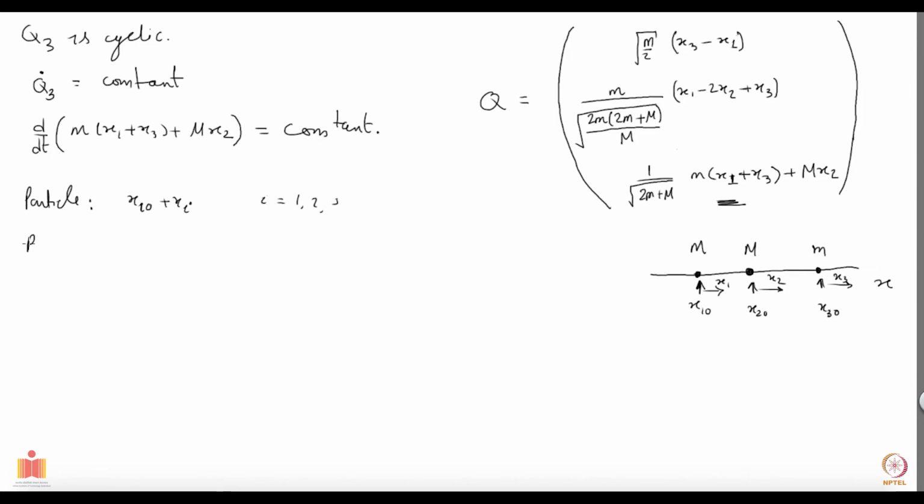The location of the center of mass I'm going to denote by R. So the center of mass is located at m times the first particle, which is located at x10 plus x1, and the other one on this end is located at x30 plus x3, and they both have mass m, so I can combine them, plus x30 plus x3, and then you have capital M times x20 plus x2.